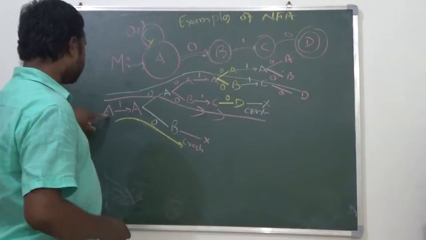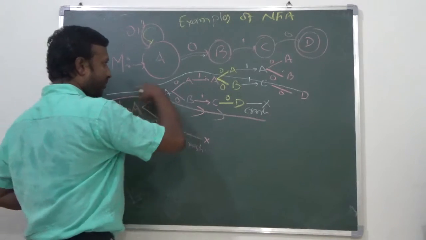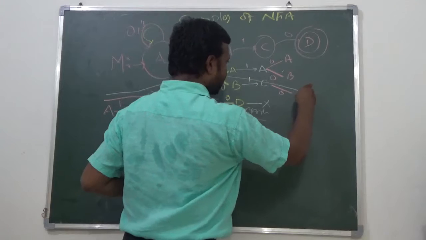What we are actually doing, we started with the start state, and then we are following some branch, and what is the last state?